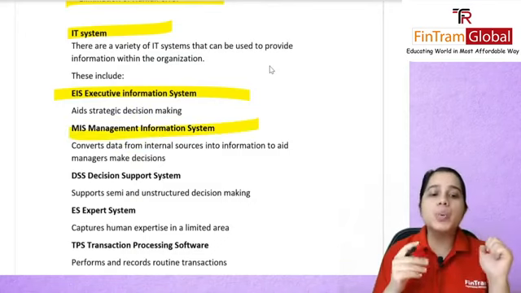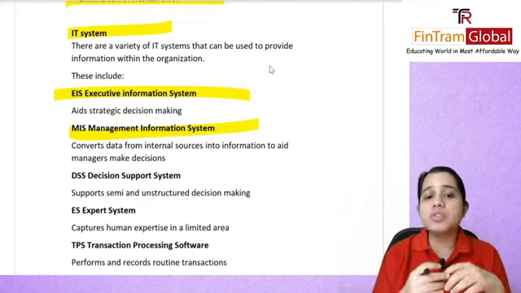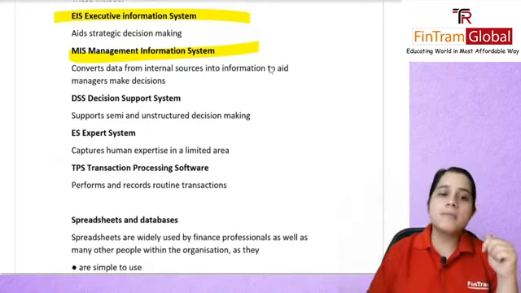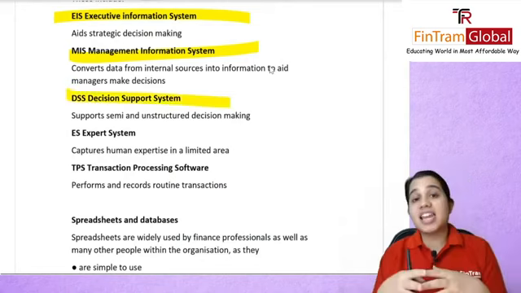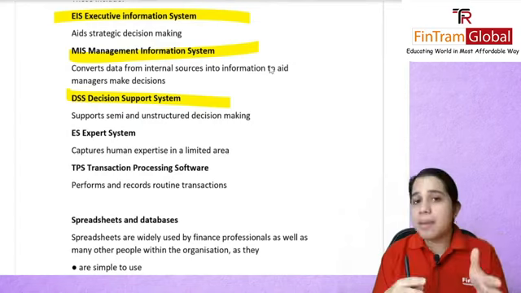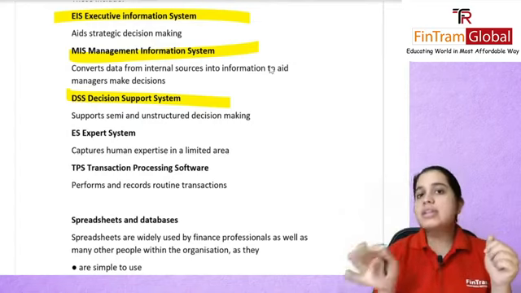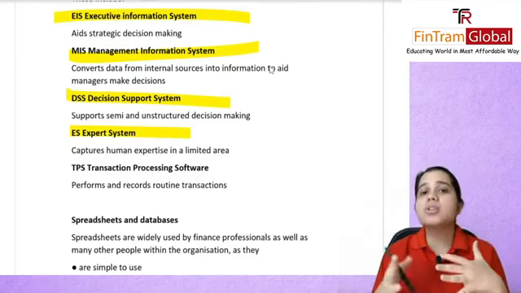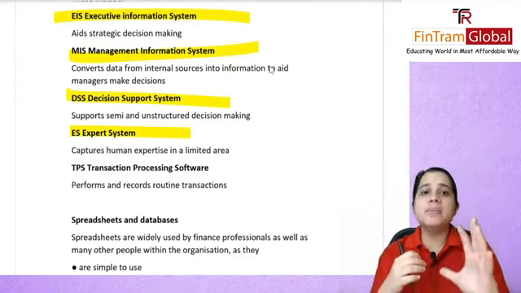They are going to be converting your data from internal sources into information to aid the managers in making decisions. Then we have your DSS, that is your decision support system. They will support any sort of semi-structured or unstructured decision making. We have our expert system, which captures the human expertise in any particular area.